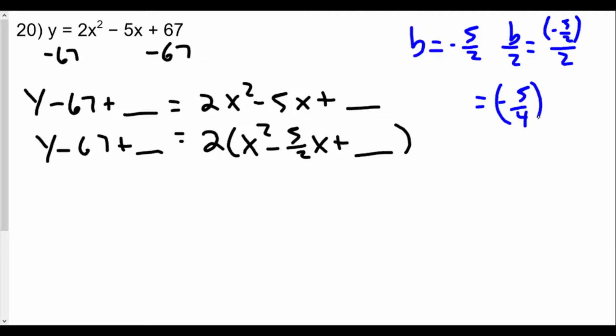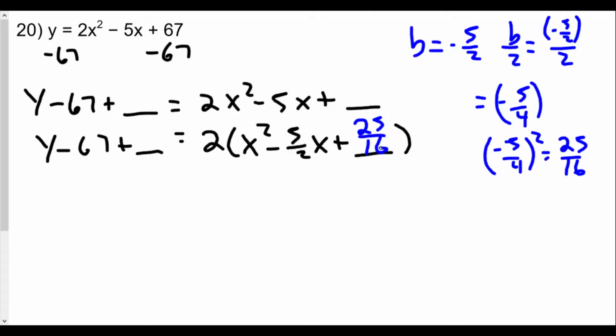Okay? If I square negative 5 over 4, because that's the next step, I square the top part, so negative 5 times negative 5 is positive 25. And in this case, 4 times 4 is going to be 16. So in that parenthesis, I am putting here 25 over 16.